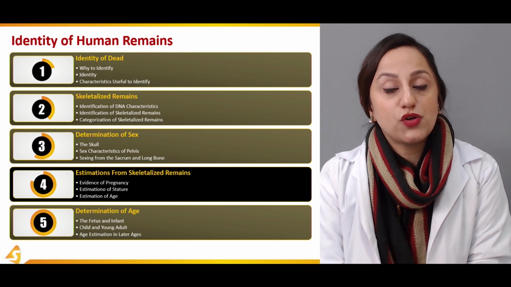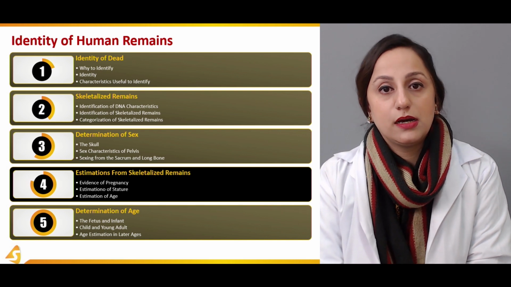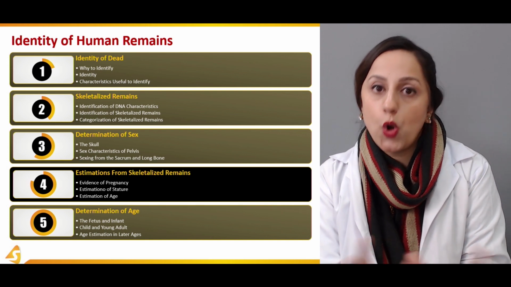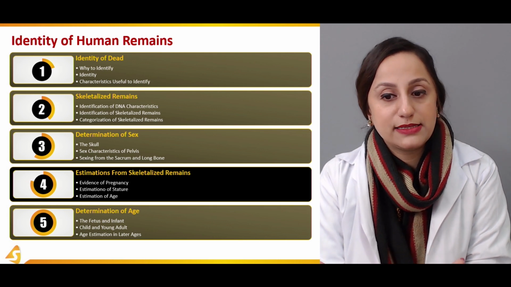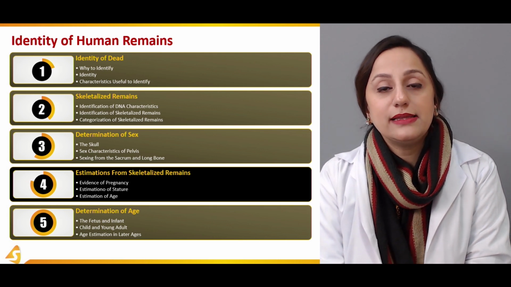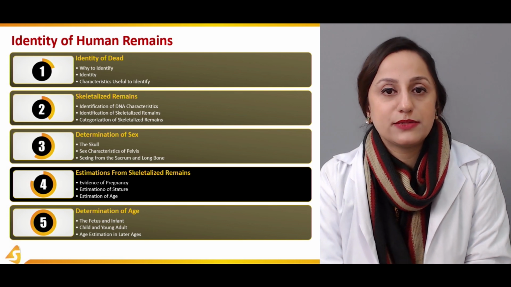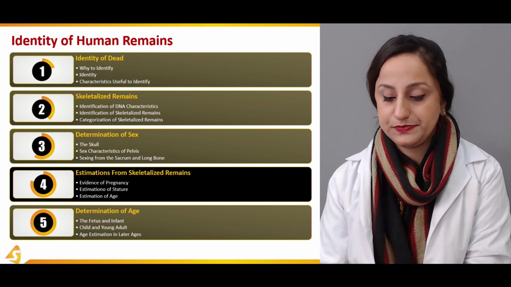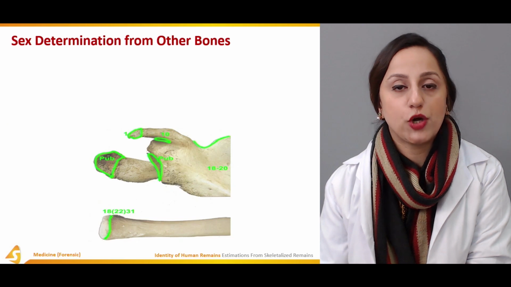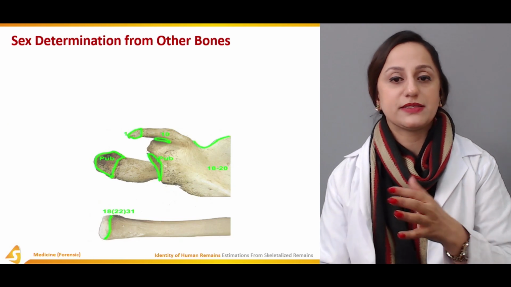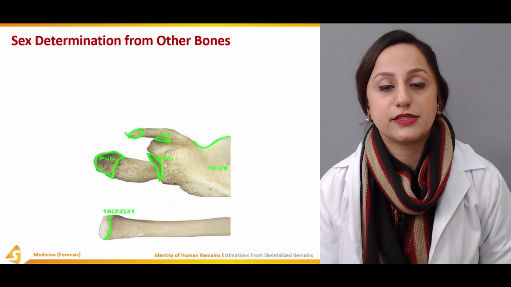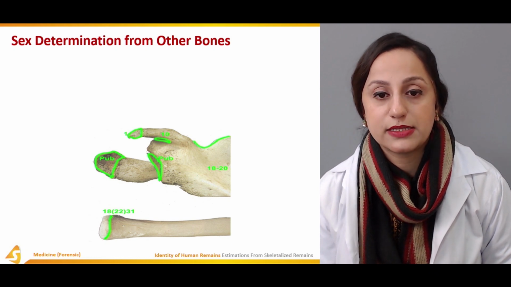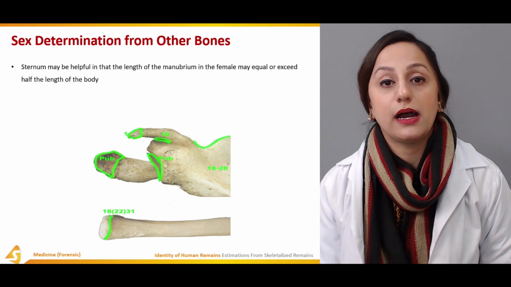Even the estimation of the stature, the real-life stature along with the soft tissues, can be made through the skeletalized remains. And then most importantly, the estimation of the age of the person. That is a whole topic, which we have started on in this section and which is dealt with in the relevant section.